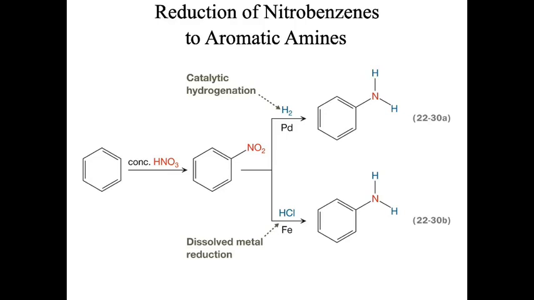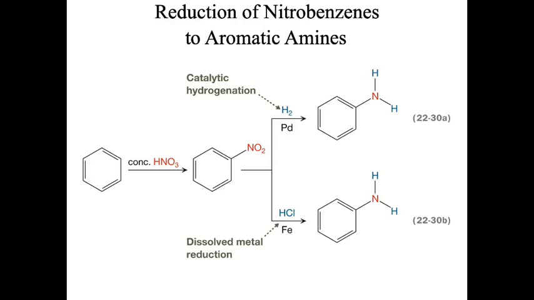How many different reducing agents are there? Lots and lots. So you can see a whole variety of reducing agents. The H2 and palladium is one you've already seen. HCl and iron you haven't seen.